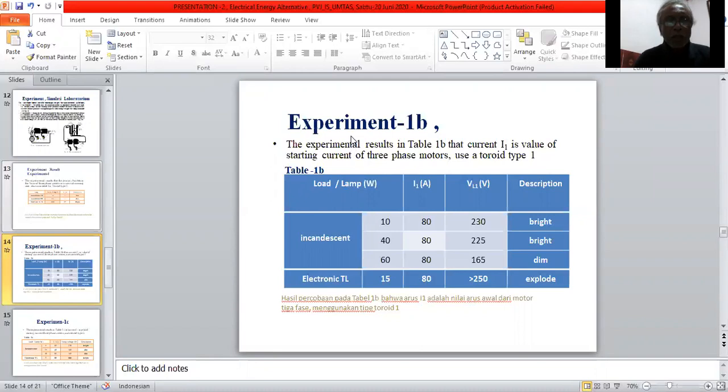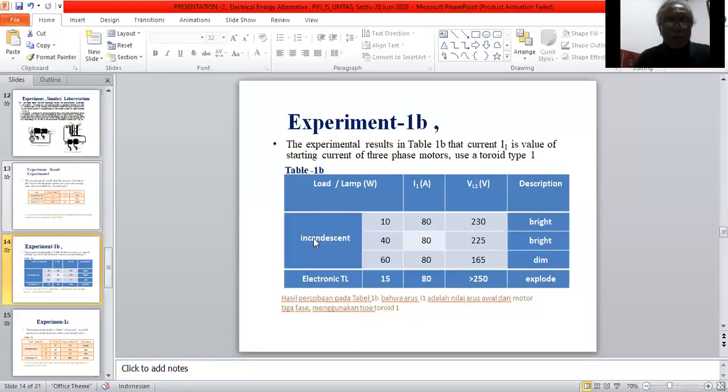whether it is bright or dim. With a current of 80 amperes, the incandescent lamp 10 watt has a voltage of 230 volts, and the condition is very bright.